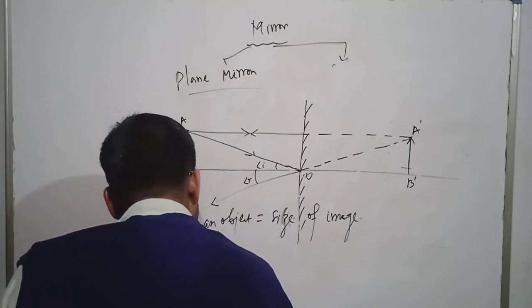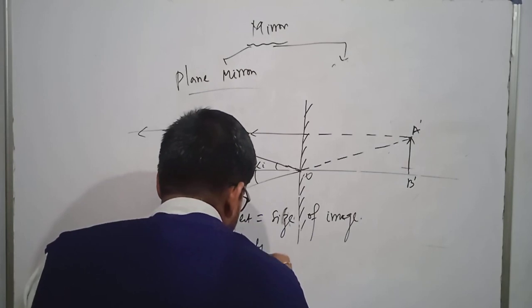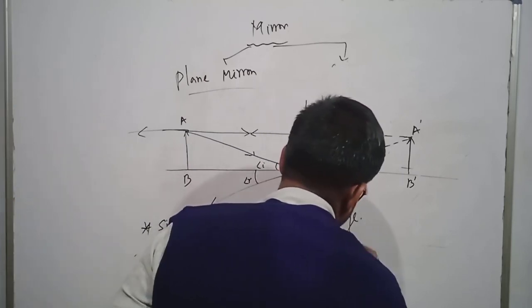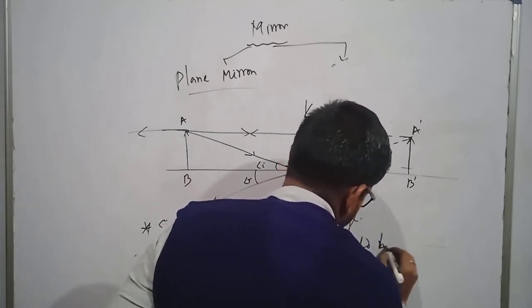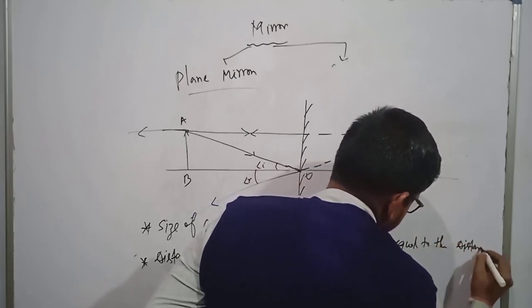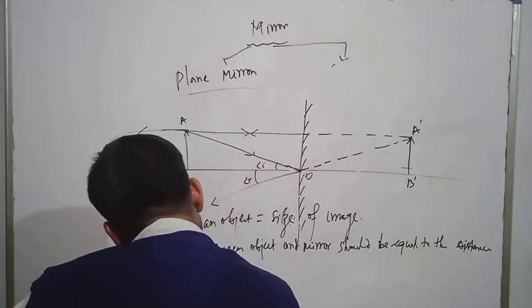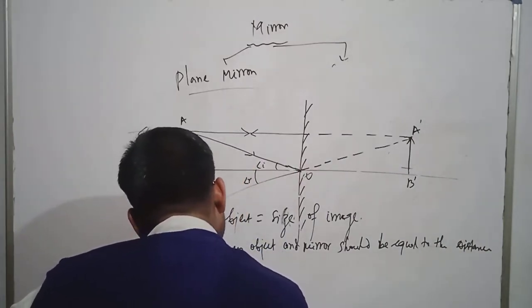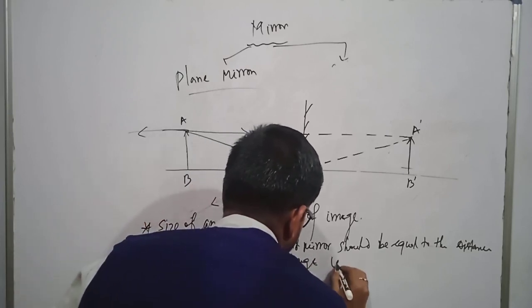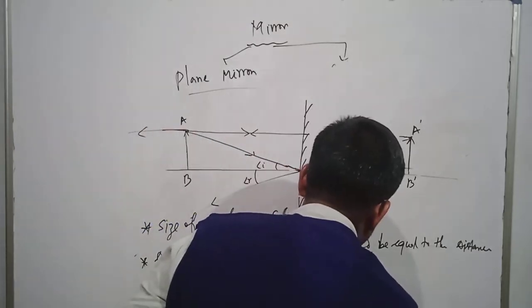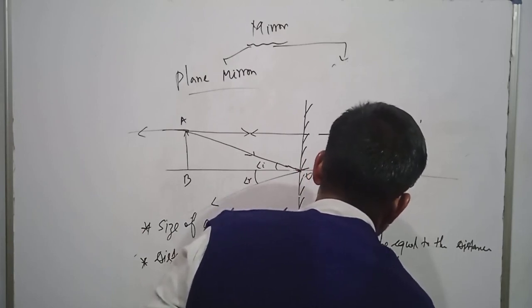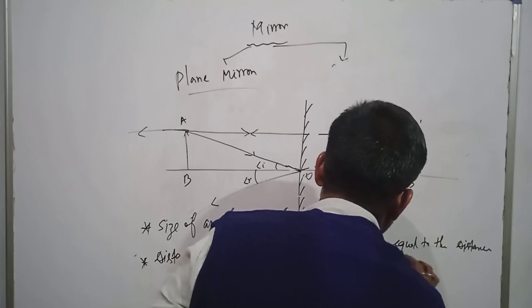Distance between object and mirror should be equal to the distance between mirror and image. So we can write BO should be equal to OB dash. But you can say OB should be equal to OB dash.